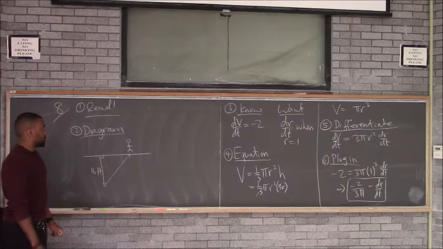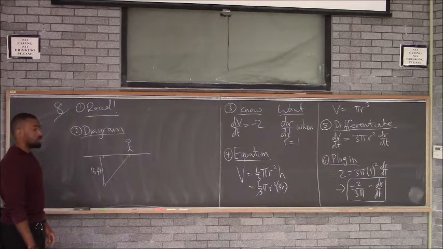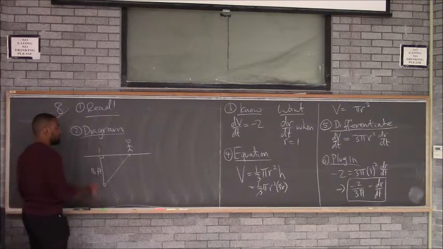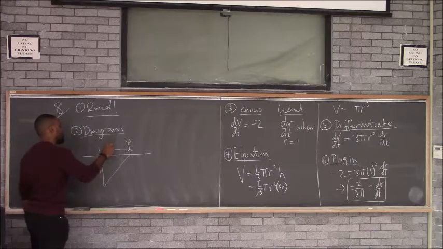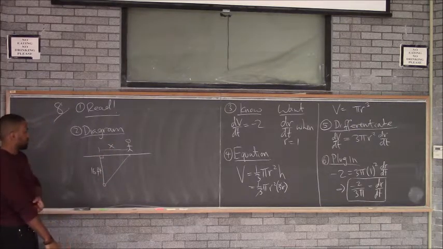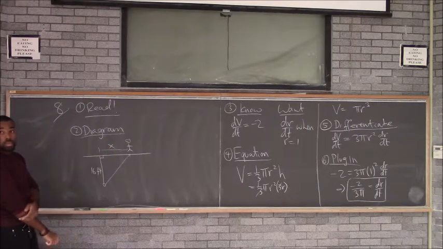And then from the man to the light, that's x. So the distance here, we call that x, okay? And I label the angle of the light theta.